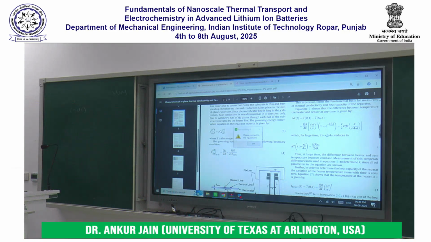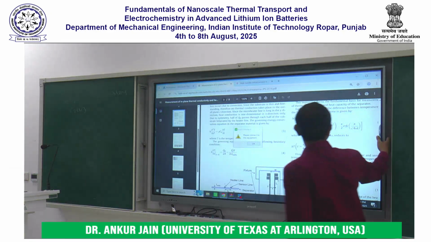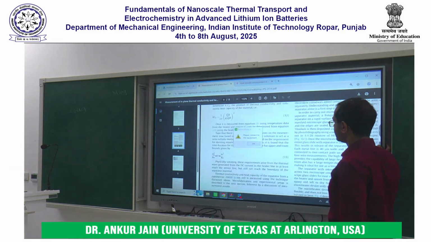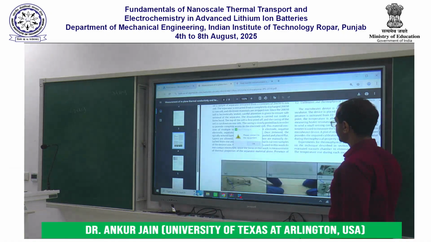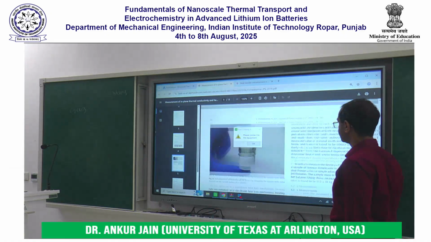So theory predicted that if I keep measuring the temperatures of the two lines as functions of time, then the temperature of the heater line and the temperature difference between the two lines give us information about the thermal properties of the body. And when we ran the measurements, it turned out to be pretty close to what the theory was predicting.